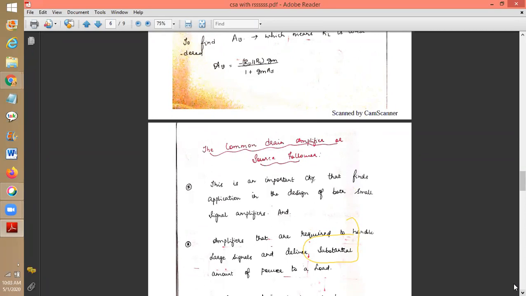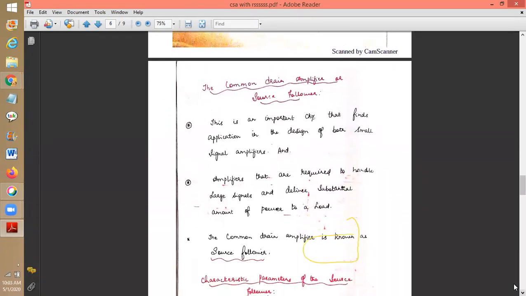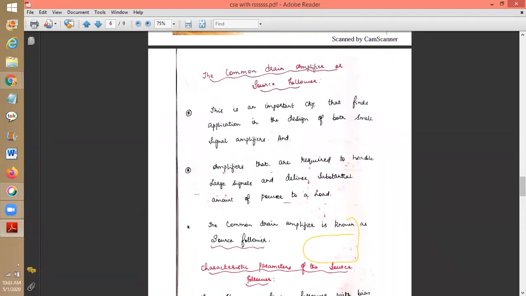Now we shall go with one more new topic, the common drain amplifier or source follower. Please repeat: common drain amplifier is also known as source follower. Common drain amplifier means the drain terminal will be common to both the input and output.